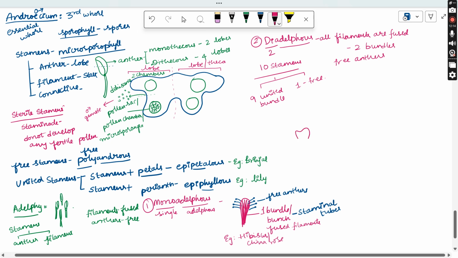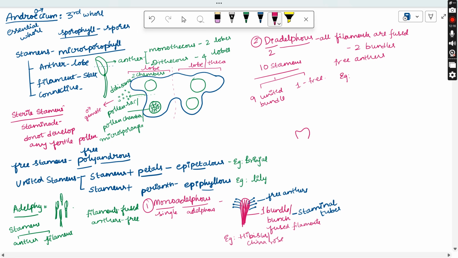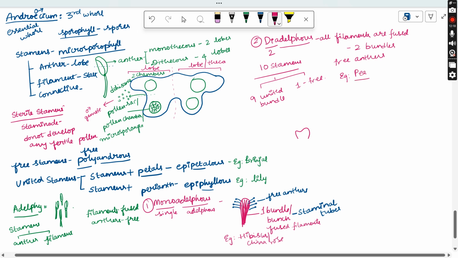This can be seen in the garden pea plant, or Pisum sativum. All the 9 stamens have their filaments fused: 4, 5, 6, 7, 8, 9. All the 9 filaments of this stamen are fused and form one bundle.